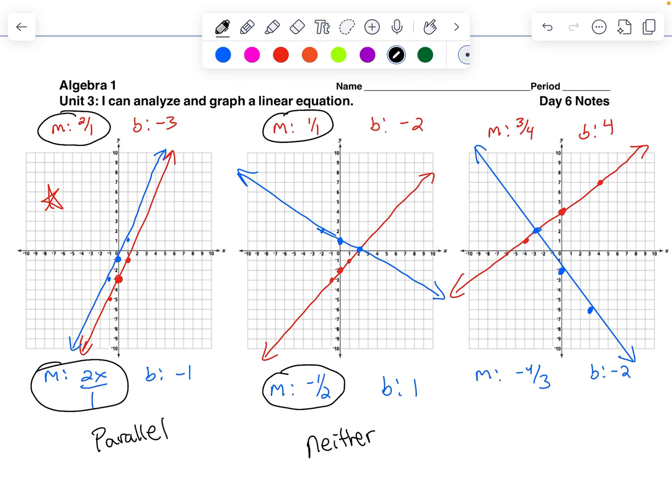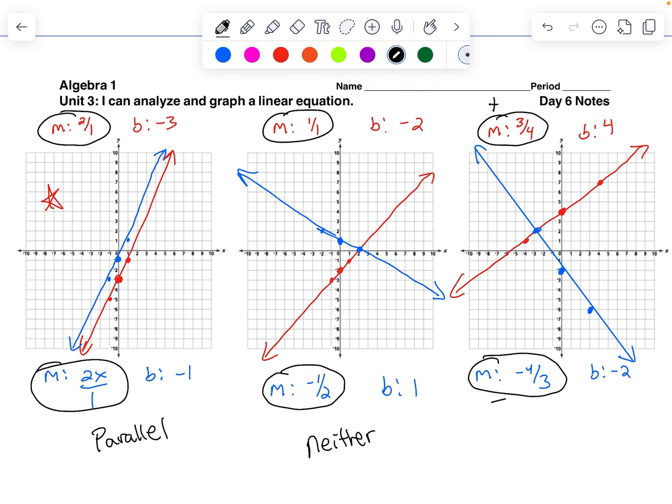Okay? All right, now let's look at the last one, number 3. Look at that top slope. I have a 3 over 4, and my bottom slope is a negative 4 over 3. So they're not the same, so we know they're not parallel. Now when I'm checking for perpendicular, are they opposites? Is one positive, one negative? Well, this top one is a positive, this bottom was a negative, so that checks out.